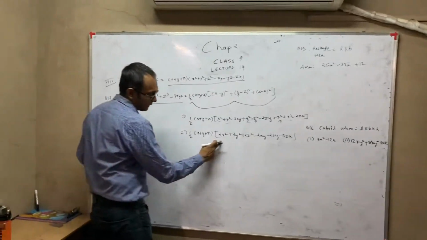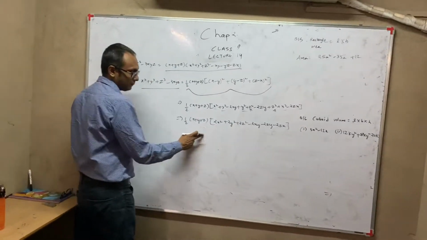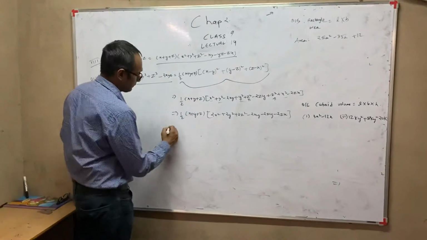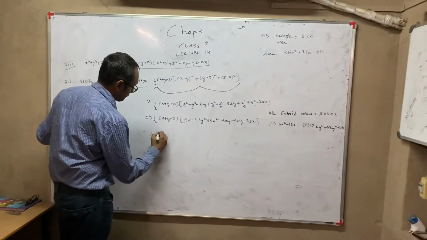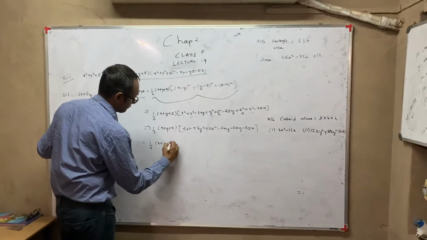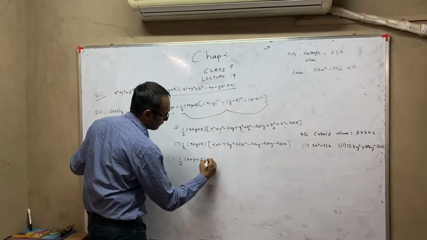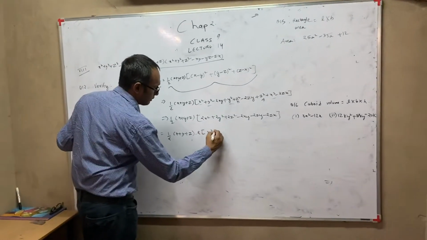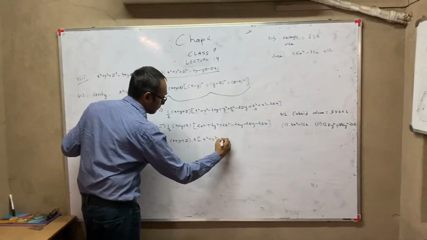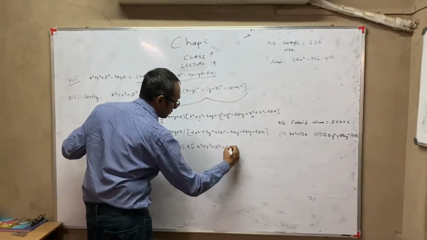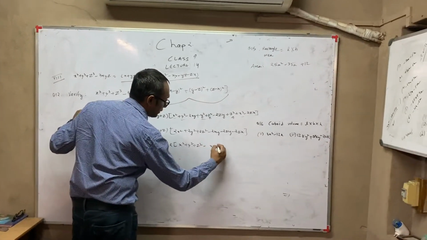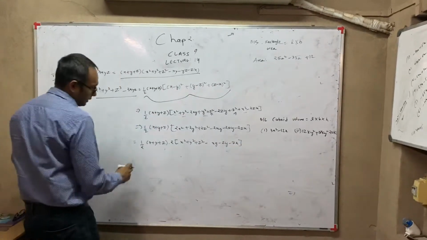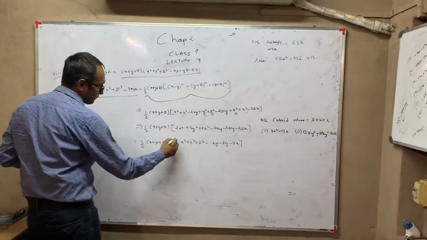Now from this bracket, which is at the back, I can take out 2 common because 2 is with every term. I am taking out 2 common, x square plus y square plus z square minus xy minus zy minus zx. Now this 2 I can cut like this.